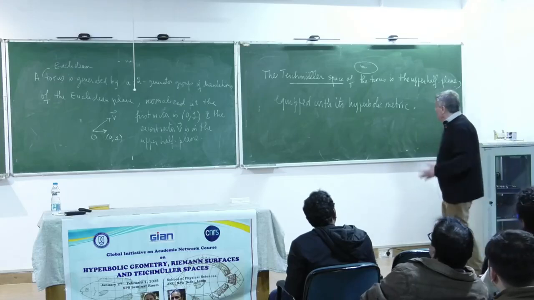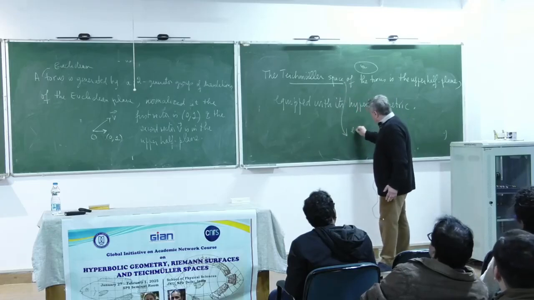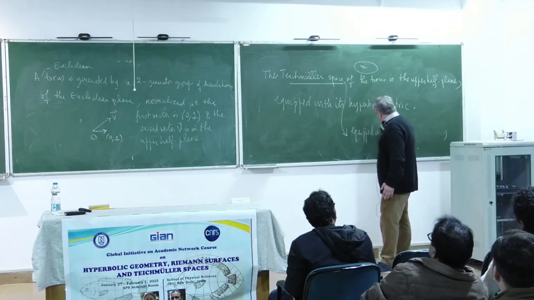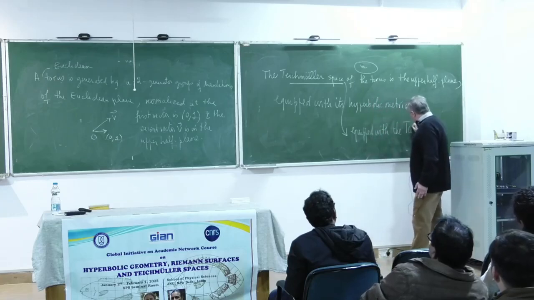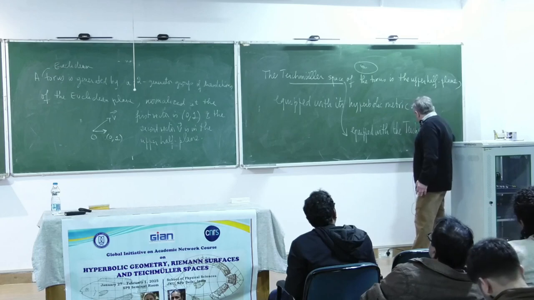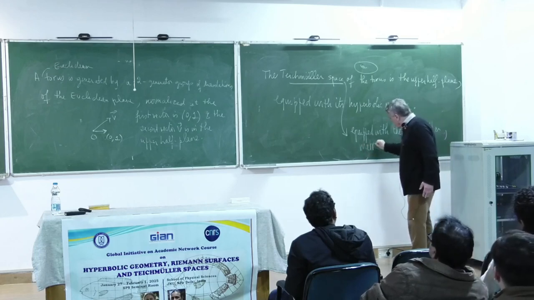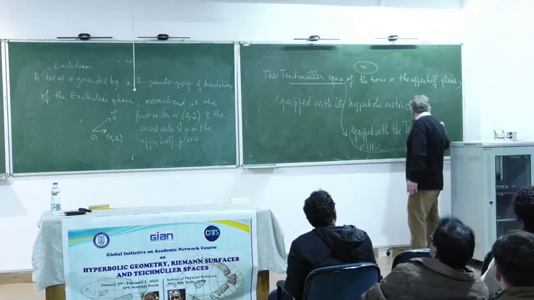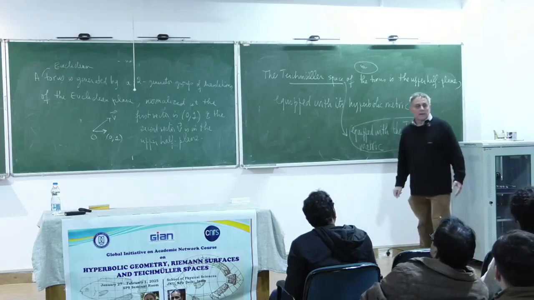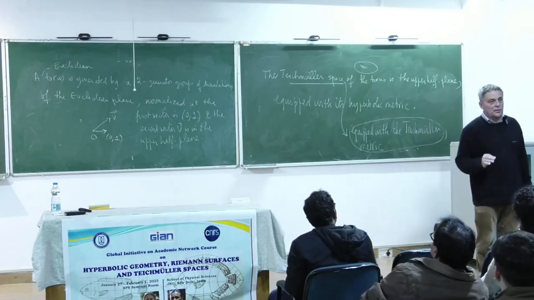The Teichmüller space here, in fact, is equipped with a metric called the Teichmüller metric, which I did not tell you what it is, but this is a very important part of what I want to do. I will explain to you what this Teichmüller metric is.